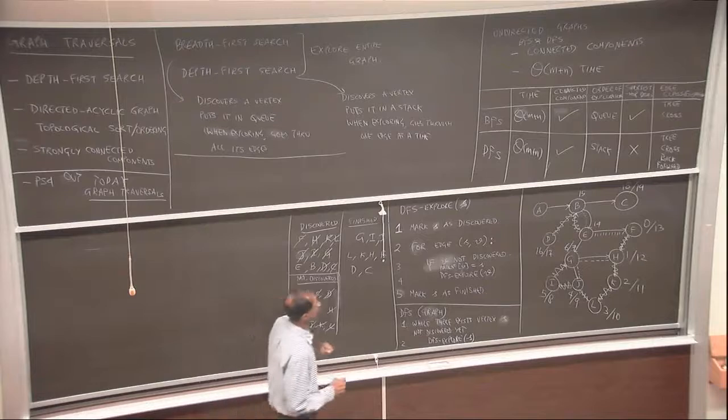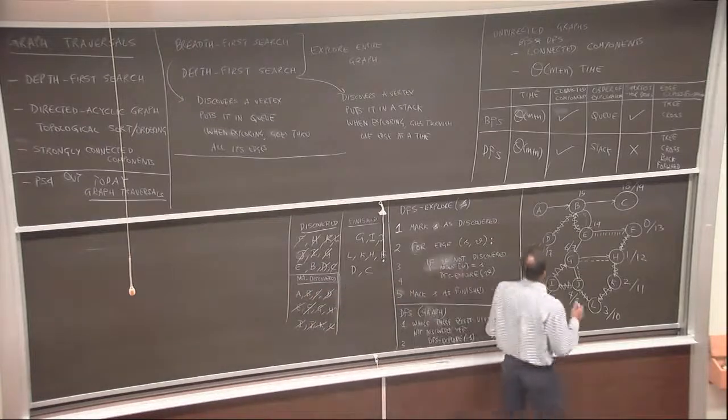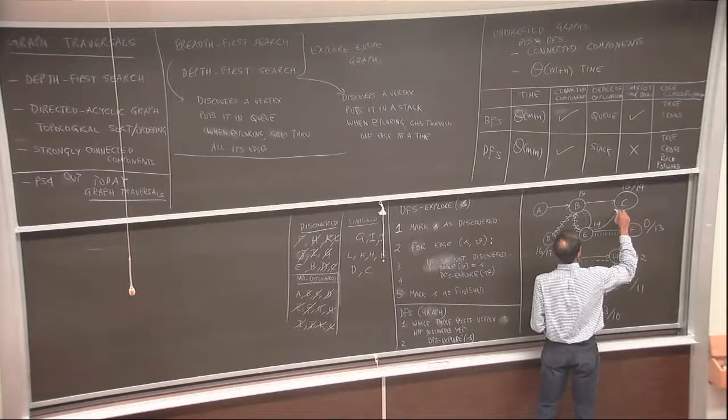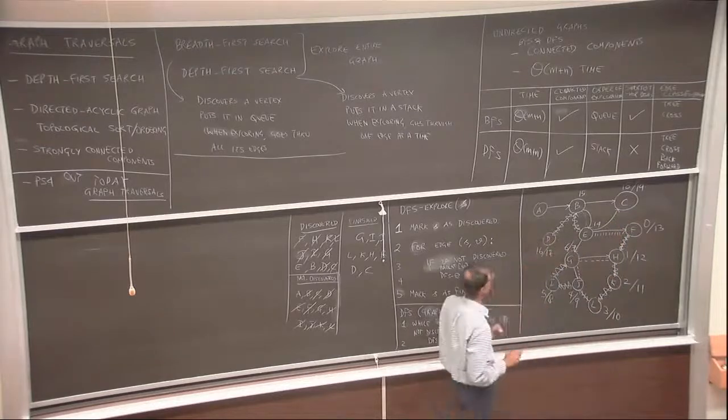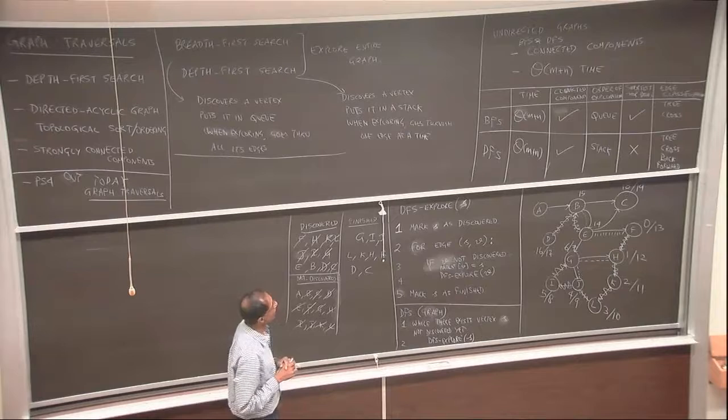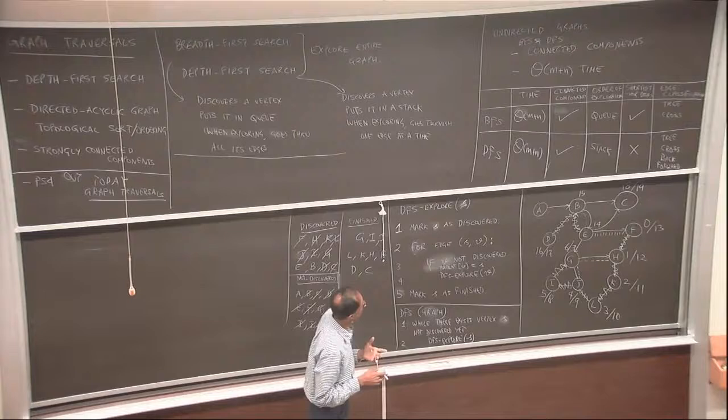Let me add another edge here. So that makes it very interesting. Let's say there is an edge from here to C. So let's say E now goes through this edge to C. What kind of edge? Sorry.